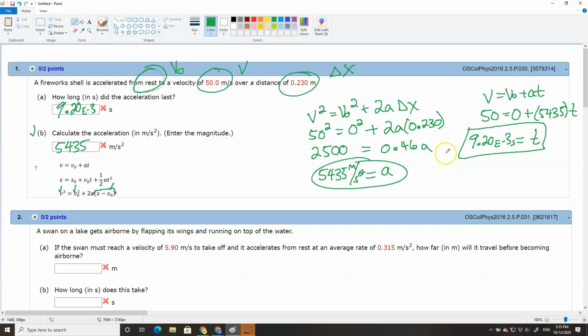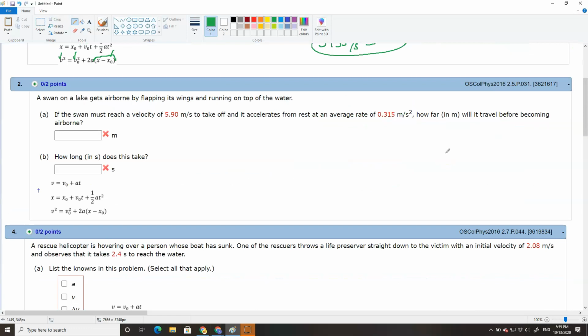Moving on to 2. Swan on a lake needs to reach a speed of 5.9. It starts from rest, and we have the given acceleration of 0.315. So once again, we'll start with the third equation. V squared is v0 squared plus 2a delta x.